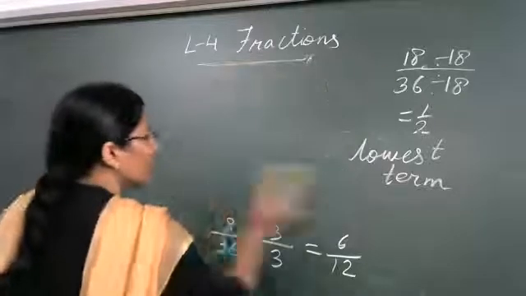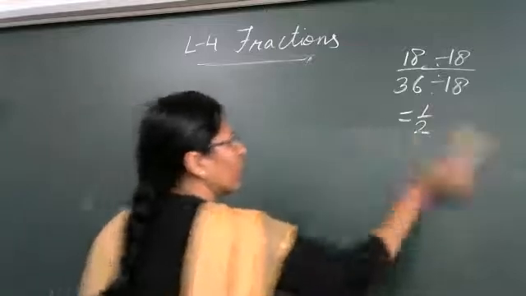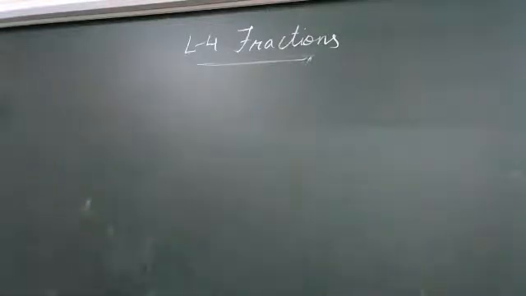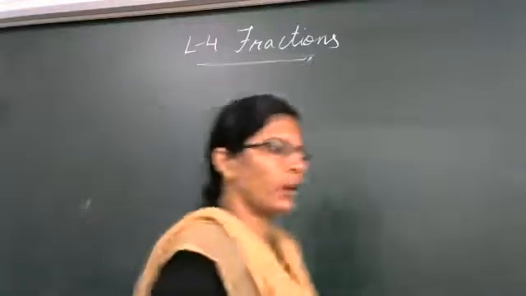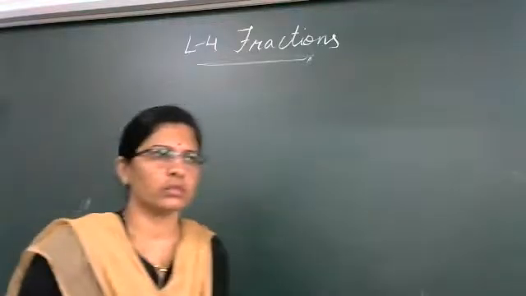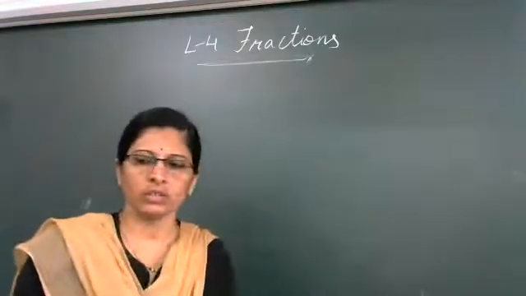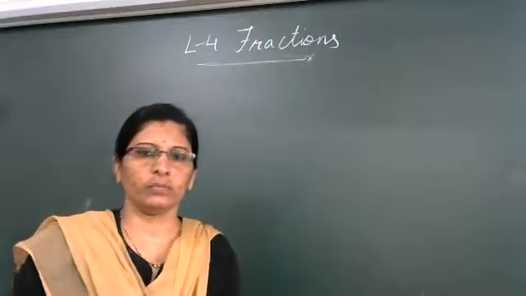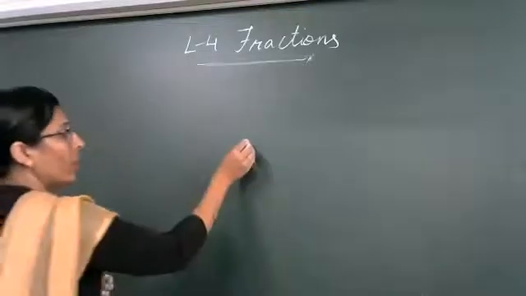Some parts of fraction were there, but we have written two numbers side by side, which form is called? Mixed fraction. Two numbers, mixed fraction. That is a whole number.